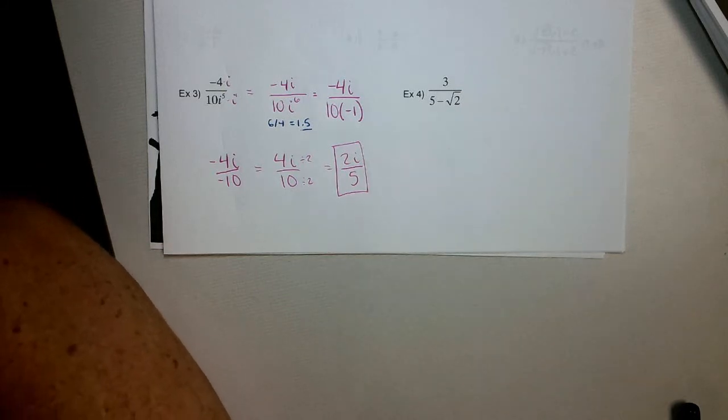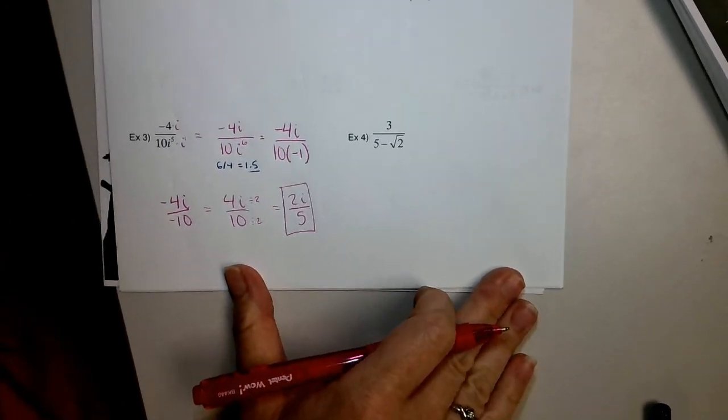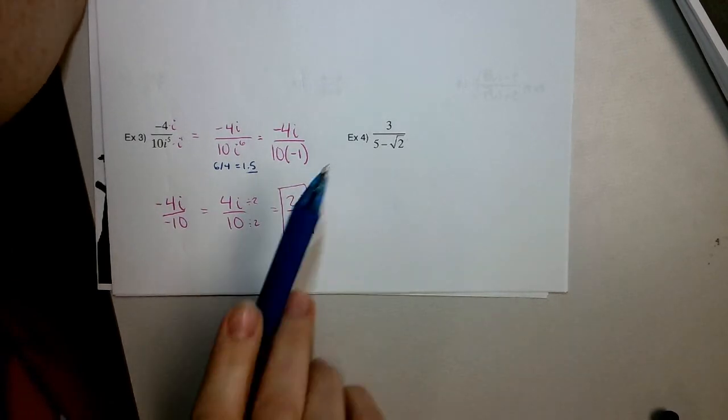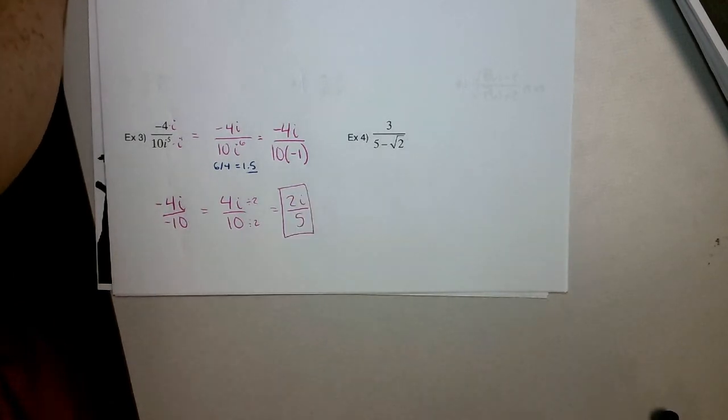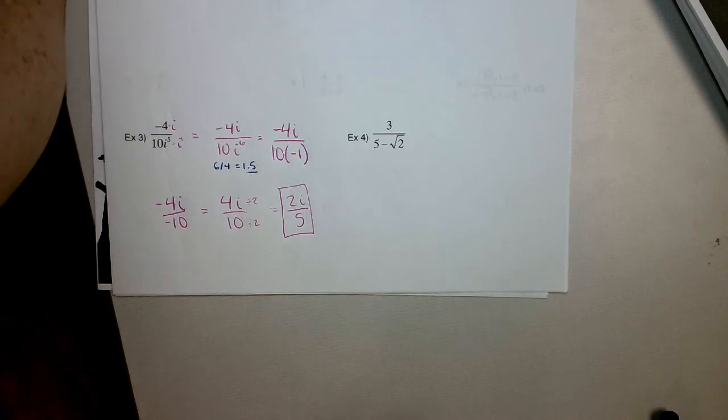Now we're not going to actually solve number 4. It's just there to talk about it. So in our last unit, what would we do when there was a binomial in the denominator to cancel it? Get rid of it. How?